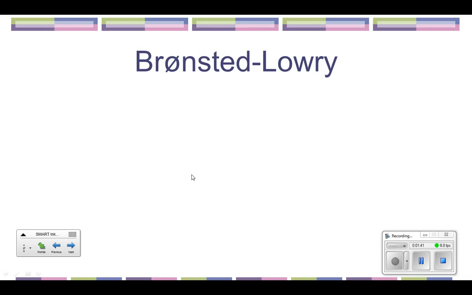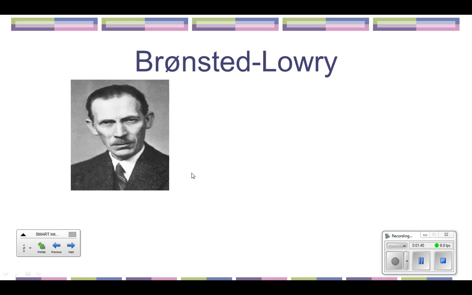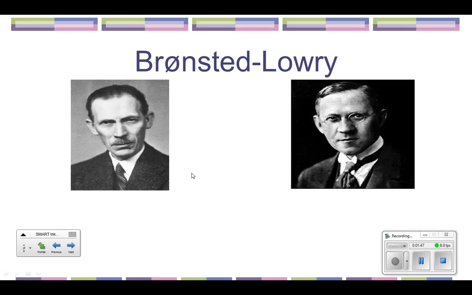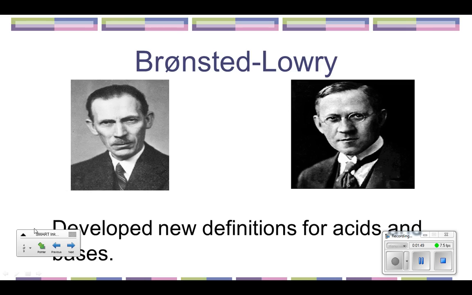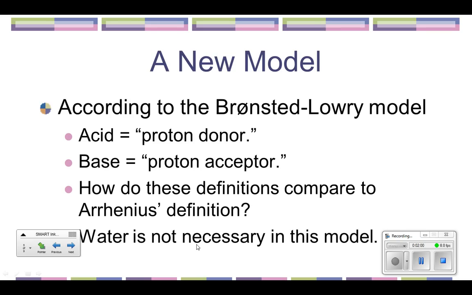Now, as time went on, other people studied solutions, acids and bases, and these two gentlemen, Bronsted and Lowry, redefined acids and bases because of their slightly broader perspective on what constituted an acid and a base. So let's have a look here.